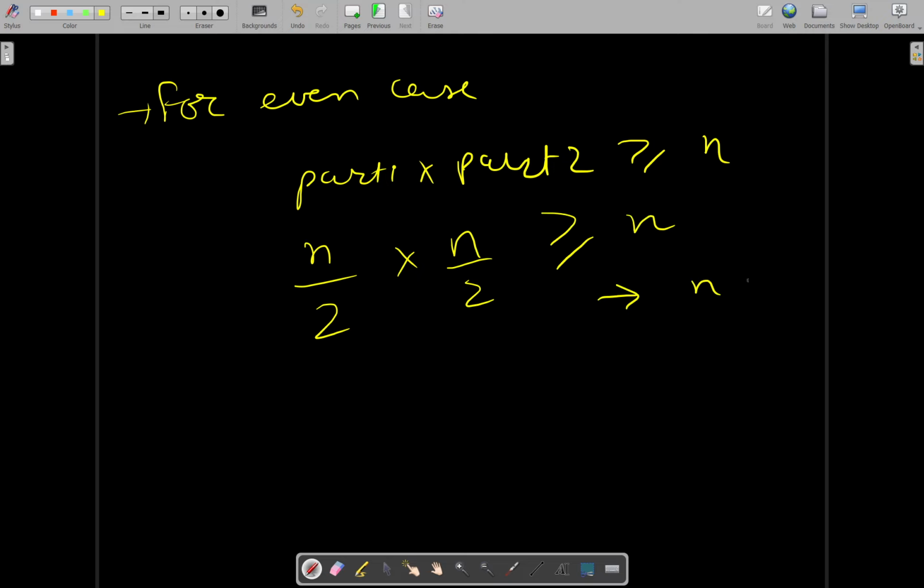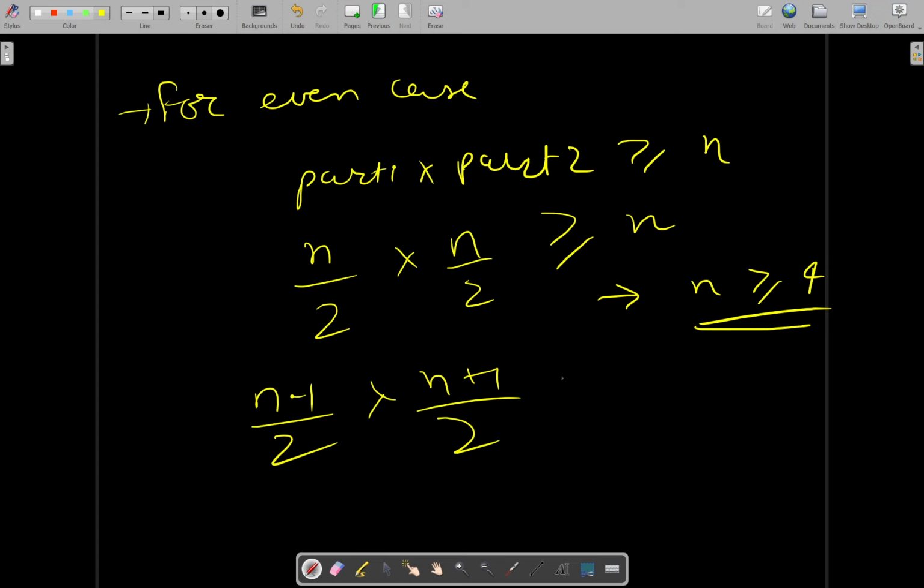So n should be greater than or equal to 4. Okay, and in the odd case, it was this. So it will give us that n should be at least greater than 5.